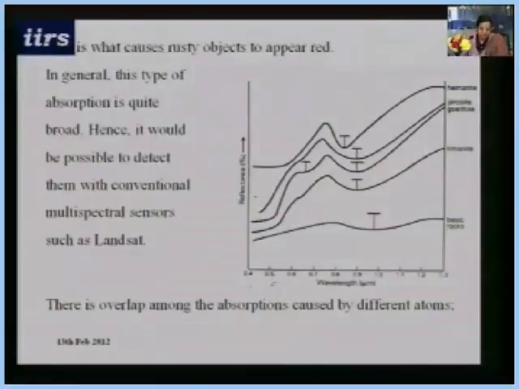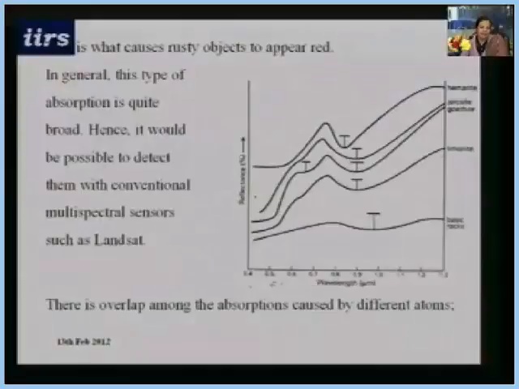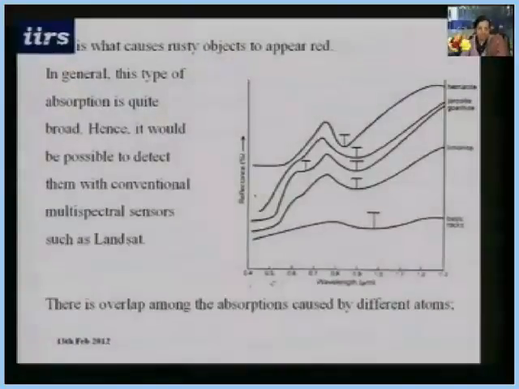In general, this type of absorption is quite broad due to the charge transfer process. Hence, it can be detected by broadband remote sensing or conventional multispectral remote sensing.